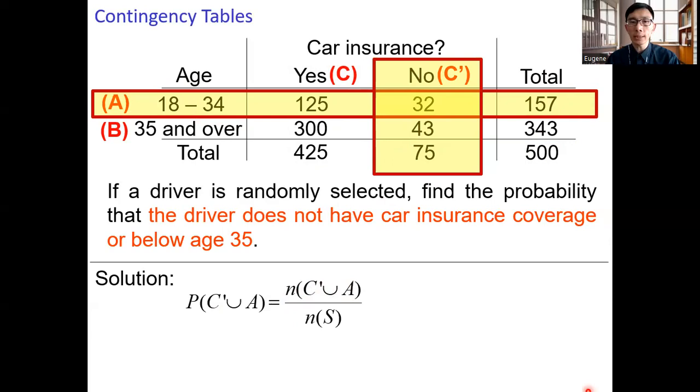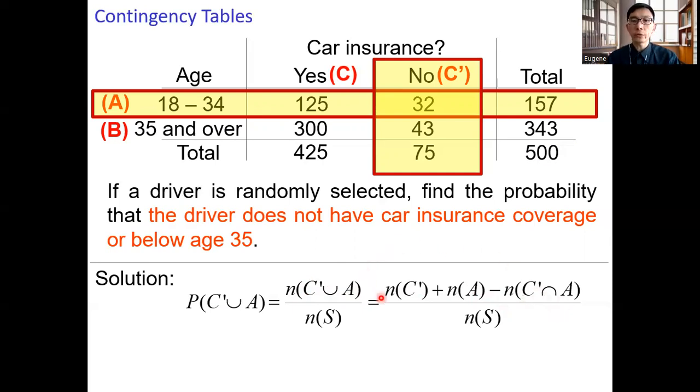How do we obtain the number of the union of C prime and A? By the addition rule, the number of the union of C prime and A equals the number of C prime plus the number of A minus the number of the intersection of C prime and A.